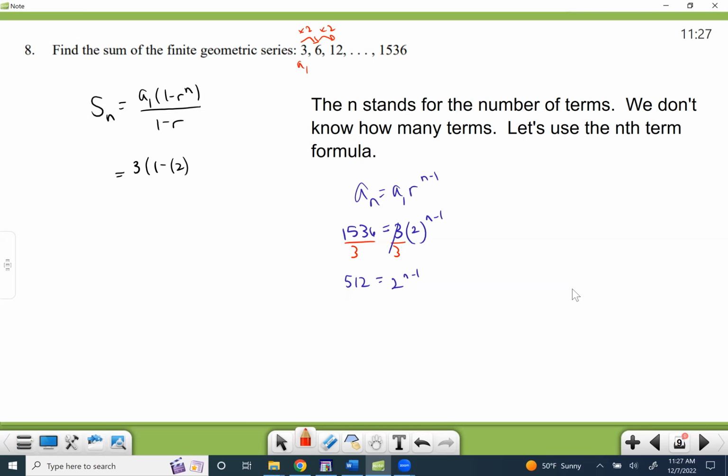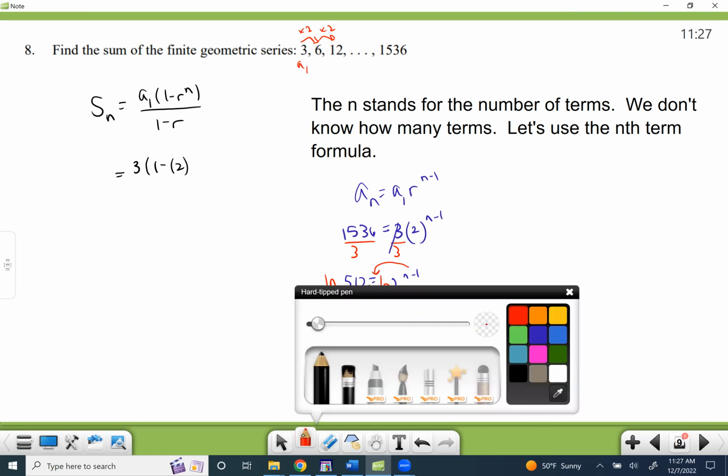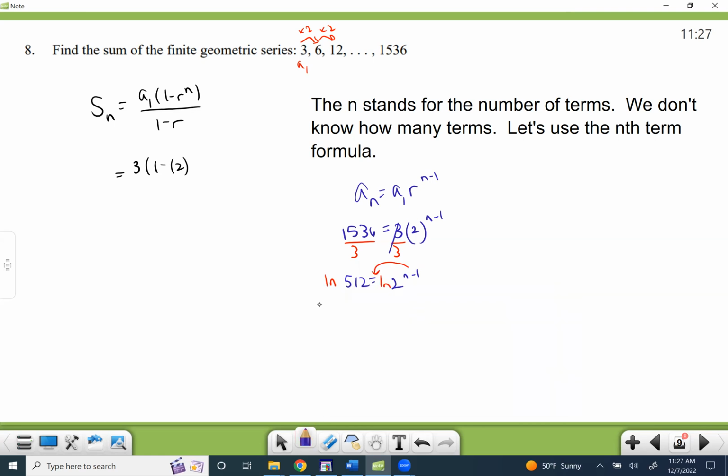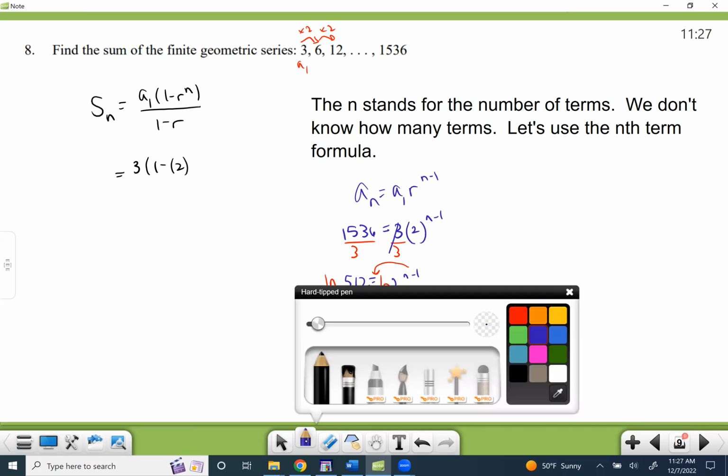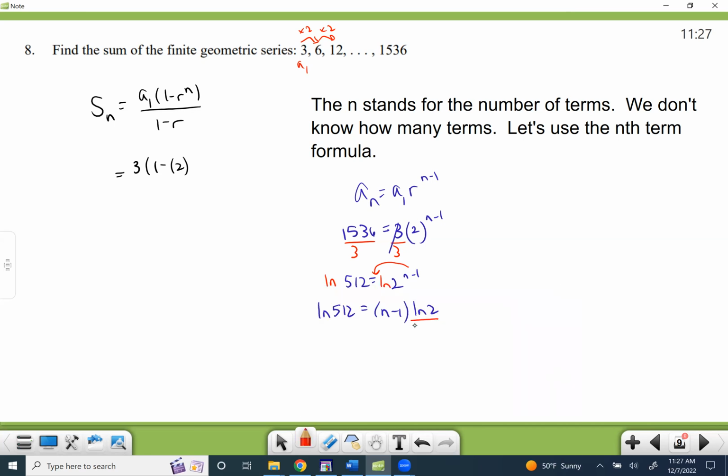If you have the variable in the exponent, remember you natural log both sides. And that will bring the variable out of the exponent using that power property. So we have the natural log of 512 equals n minus 1 in the front now of the natural log of 2. All right, since natural log of 2 is multiplying, we're going to divide to get rid of it.